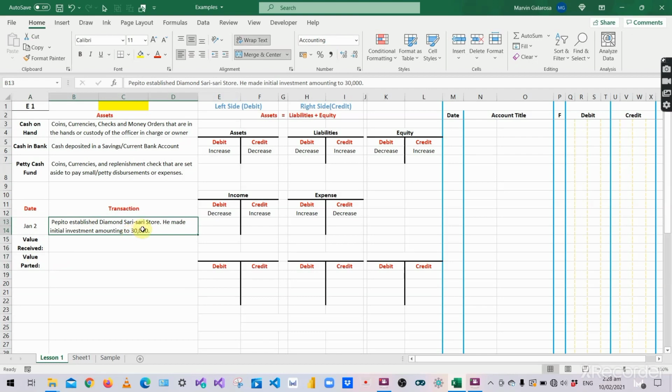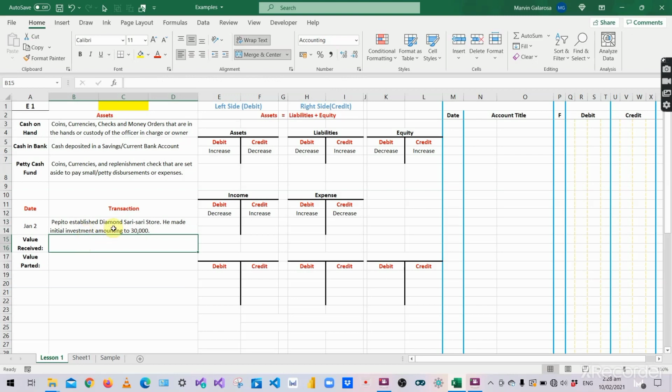Hindi ka doon mag-record ng personal na transaction ng owner. Example, kung si Pepito bumili siya ng cellphone for personal use, yung cellphone na binili niya, hindi mo yun pwedeng i-record as asset ng business. Since dedicated siya for use ni Pepito, hindi ni Diamond Sari-Sari Store.